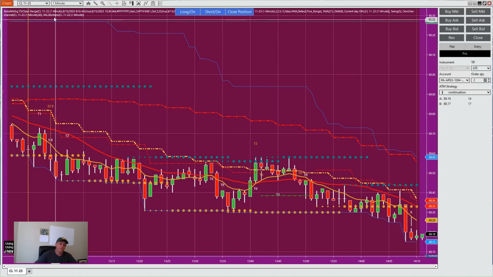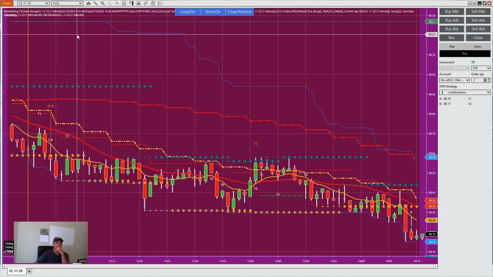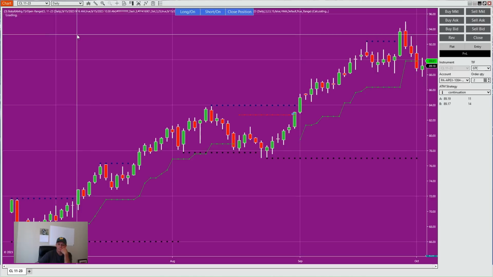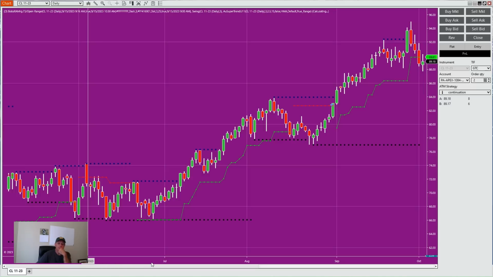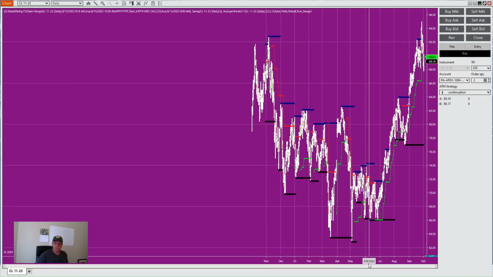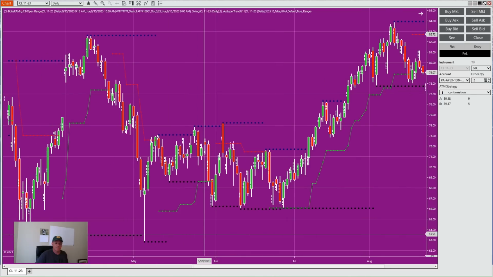Well, because of this. Right here on your daily. If you got your daily, is it kind of hard to see that you're biased to the long side? Hold on, it's going to load here. I mean, at what point do you know that the long side is in play?